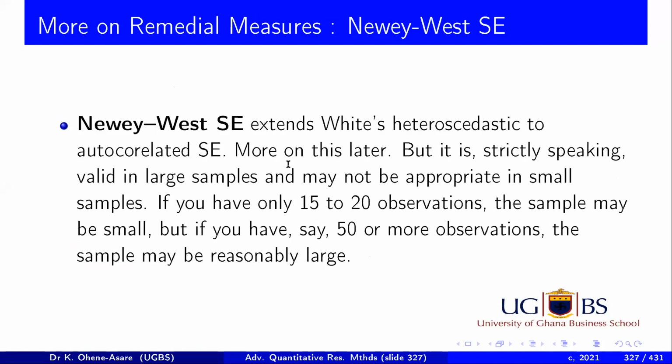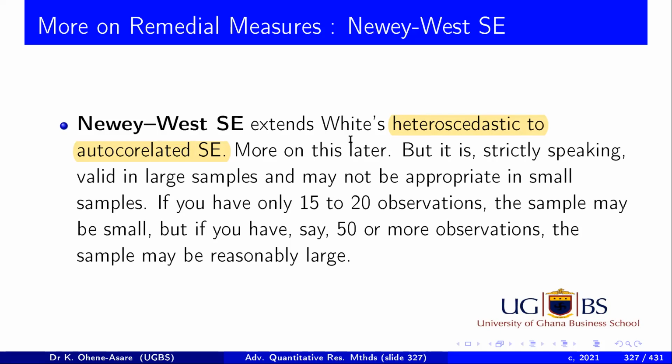I spoke to you that when there is a problem of both heteroskedasticity and autocorrelation, we use the Newey West standard errors. We'll talk about this later. But strictly speaking, it is valid when the sample size is large. If you have only 15 to 20 observations, the sample size is small, so you don't need this Newey West.